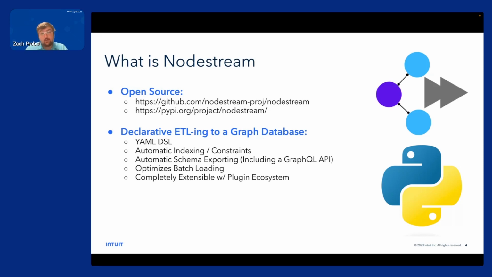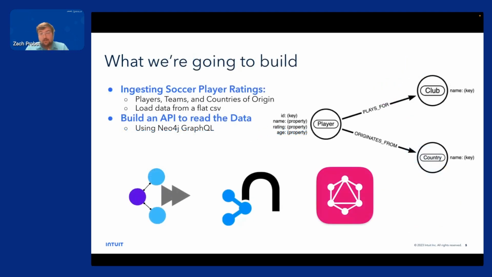But the real idea behind the plugins is that you can add extra behavior to Nodestream automatically, frictionlessly. That's not part of the core framework, but for your specific use case, you might need, depending on what systems you're integrating with or how your project is going to be deployed, those kinds of things. But we're going to see all that live.